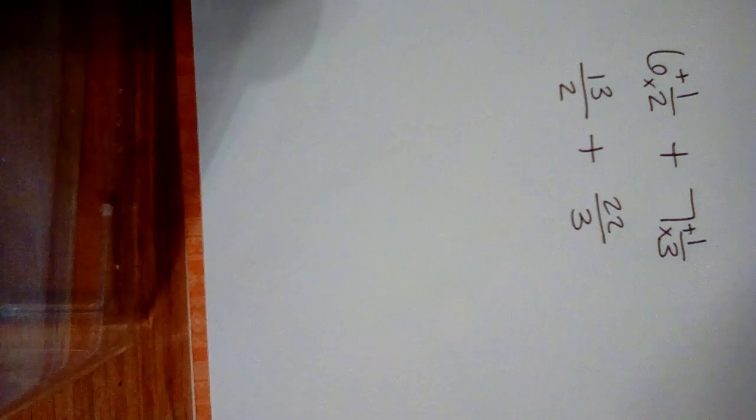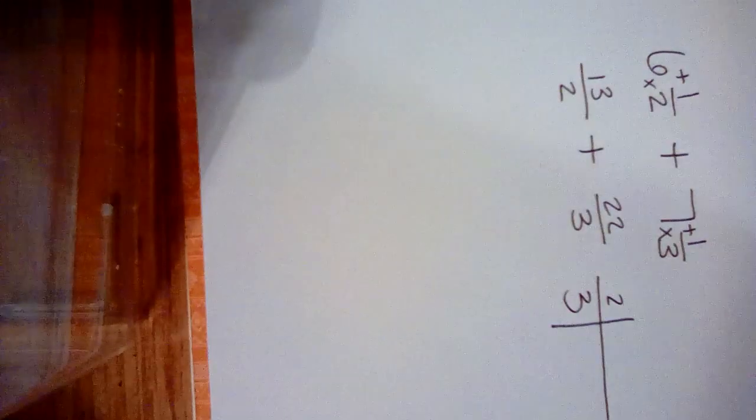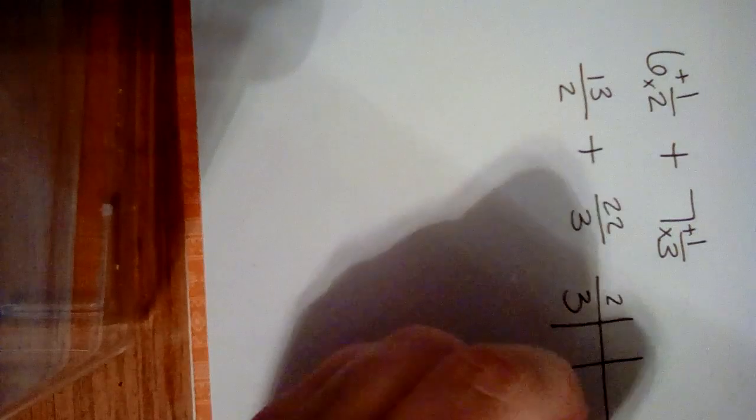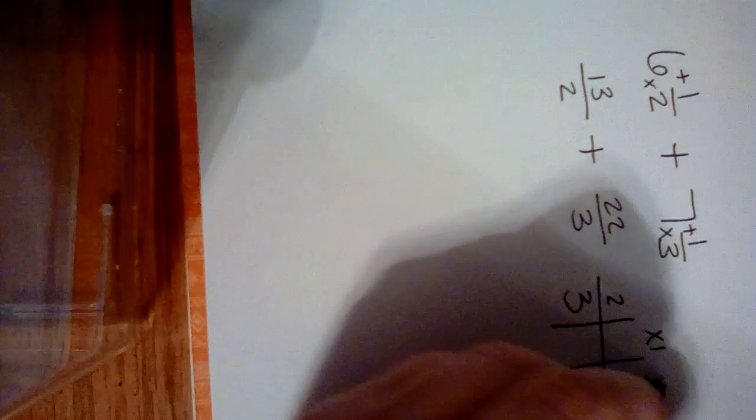The first number that they both have in common is 6. One way I can do this is I can say, here's 2, here's 3. It's called the least common multiple. Times 1, times 2, times 3.